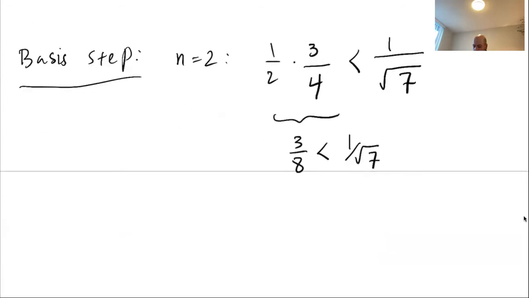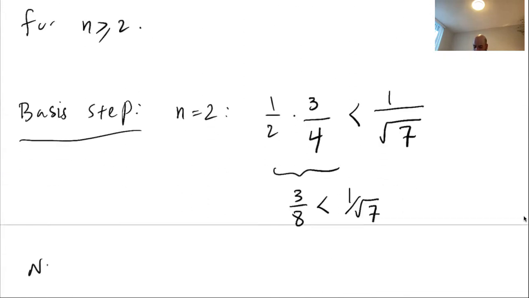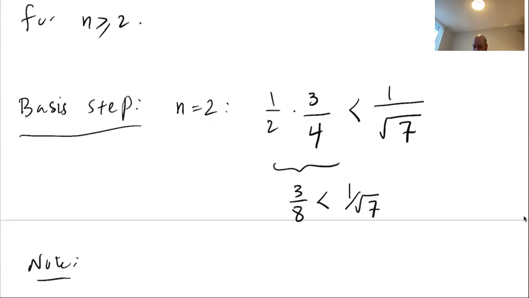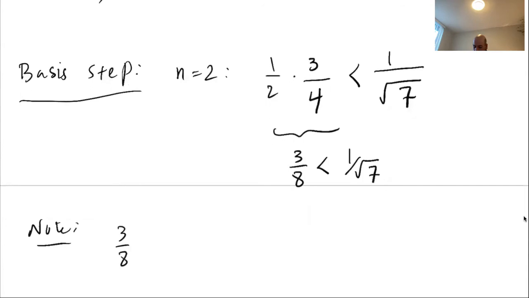So note that 3 over 8 is less than 1 over root 7 if and only if root 7 times 3 is less than 8, right?